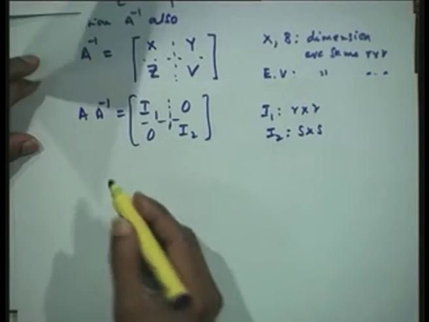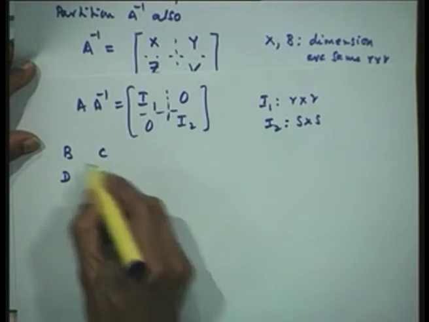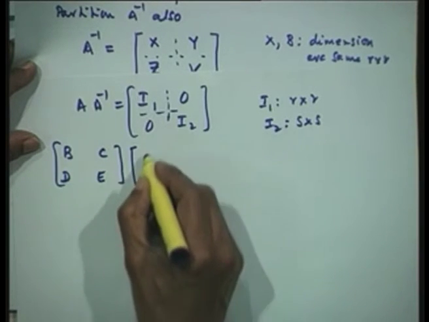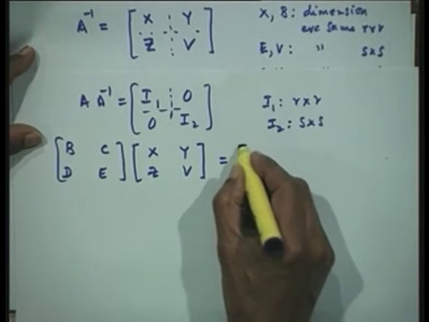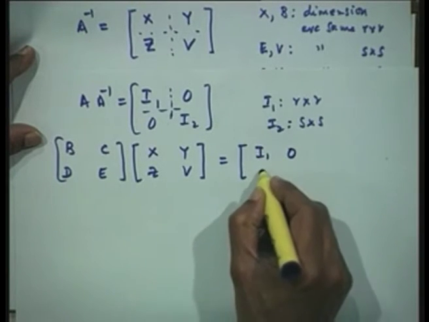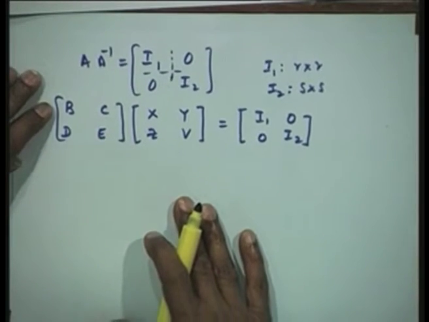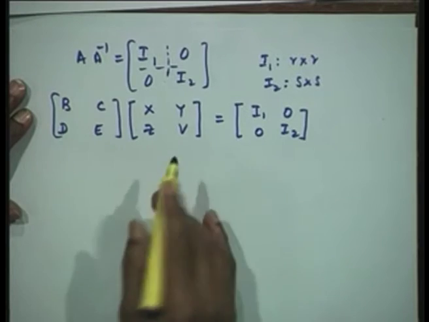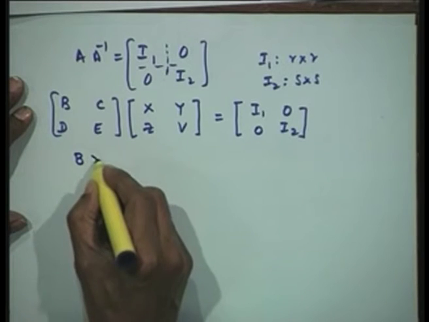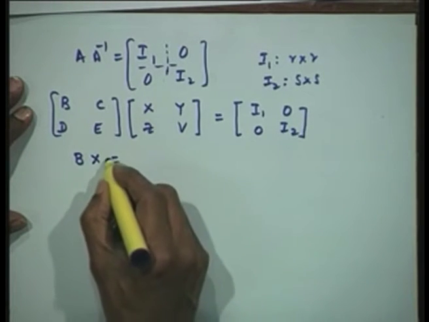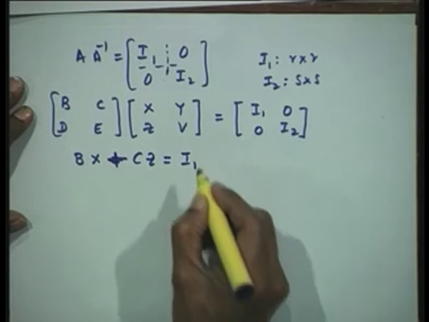Now, let us put the values of A and A inverse, that is B C D E times x y z v, which is equal to I1 I2. Let us just multiply out the two matrices. I will have B into x plus C into z is I1.